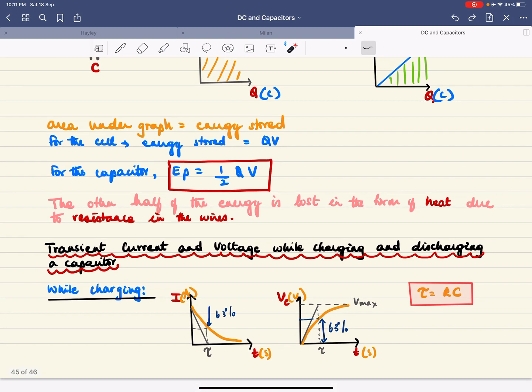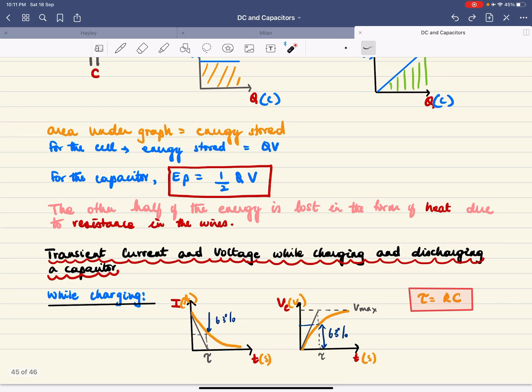Now, coming on towards the end. So what happens when you charge and discharge a capacitor? Looking at current against time and voltage against time. So the circuit current, once a capacitor is fully charged, the current drops to 0. So this is a decay curve. Whereas while you're charging a capacitor, the voltage across the capacitor goes from 0 to a maximum. So these are both exponential curves, and that brings us to the concept of time constant, and for a capacitor, tau equals RC.